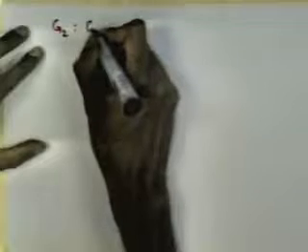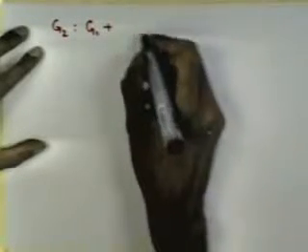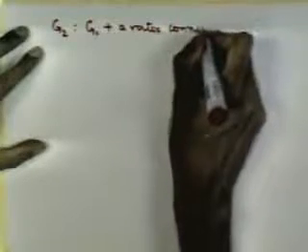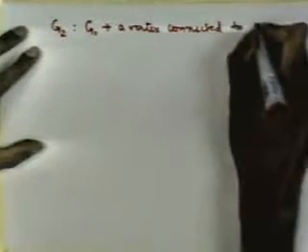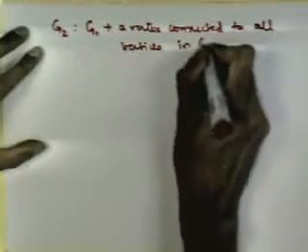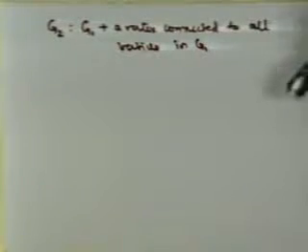Then we create graph G2. How do we create G2? It's similar. You take G1 plus a vertex connected to all vertices in G1. Now you ask if G2 has a perfect matching, and so on.